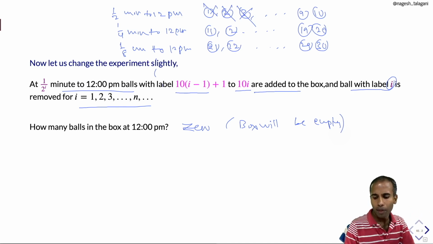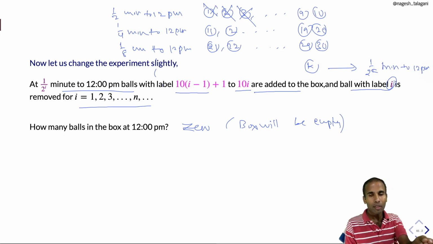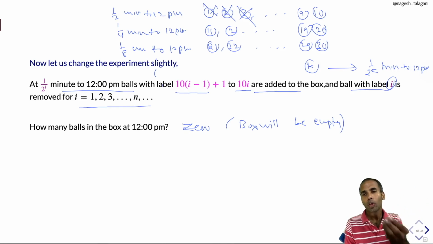So you name the ball, say you name the ball k. This ball gets removed at time 1/2^k minute to 12 pm.